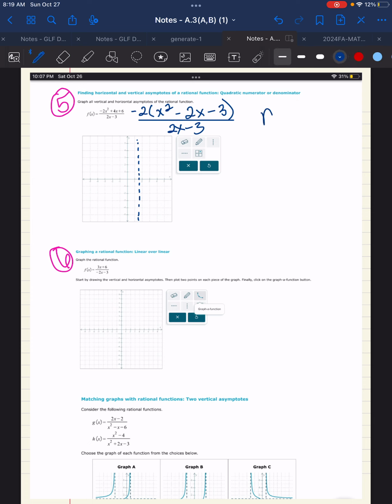So our numerator degree was 2, our denominator degree was 1. Looking at that, using the rules that we wrote at the beginning. Is n less than m? Does it equal m? Or is it greater than m? N is greater than m. Therefore, there is no horizontal asymptote for this question.